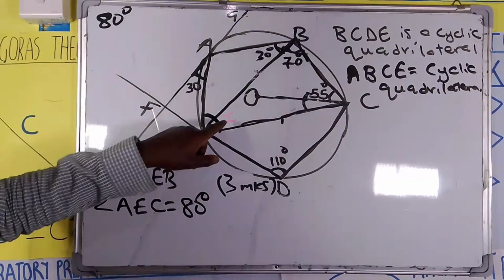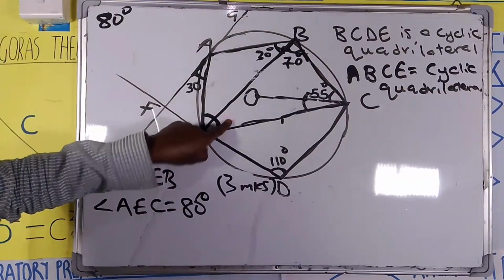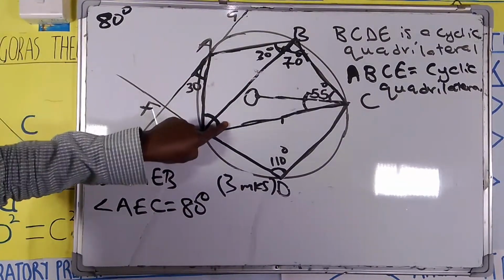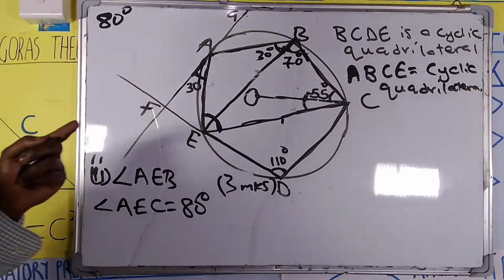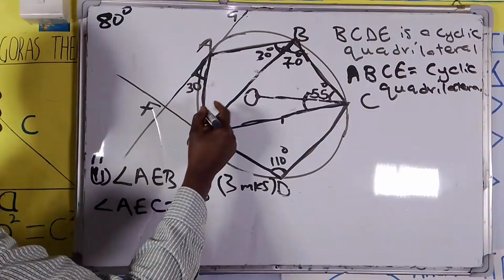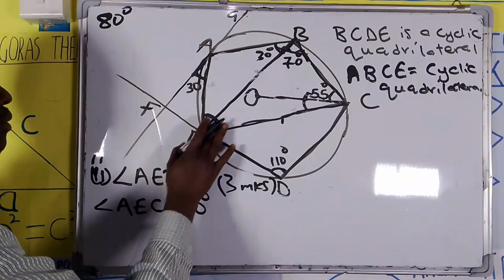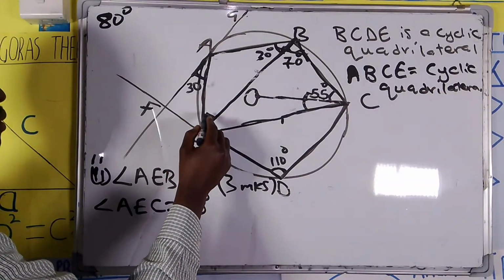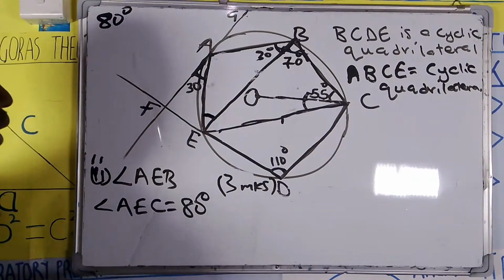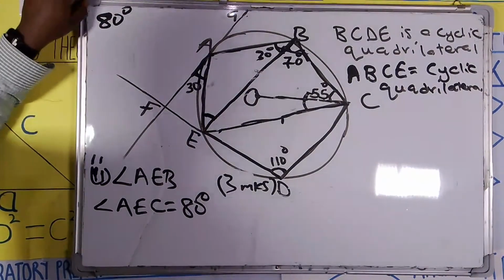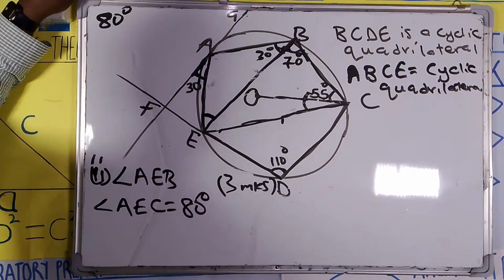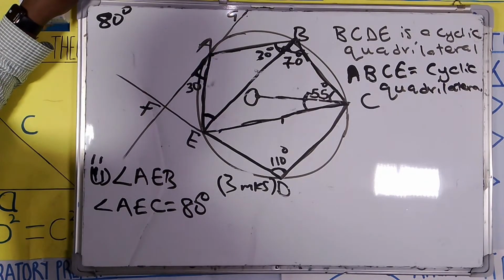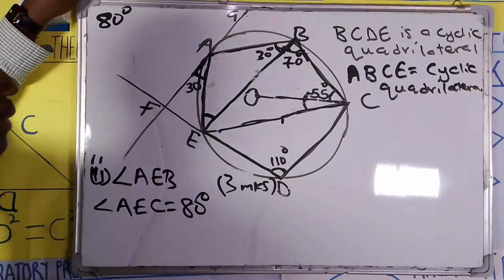Sasa tunataka haka peke yake. AEB, this one alone. That one alone. So for that one tukuje hapa, thirty.